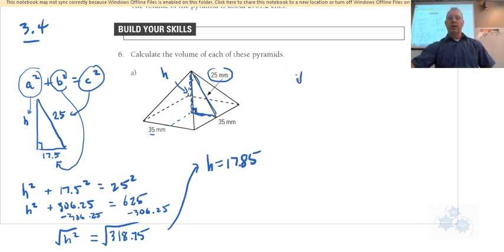So the volume of a pyramid, we know, is the area of the base times the height divided by 3. So I can find that now. The area of the base is going to be 35 times 35, or 35 squared. And I've just found the height, so that's 17.85.